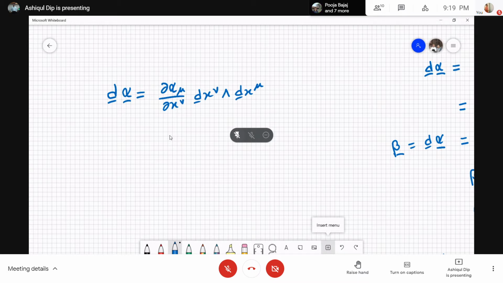And also we know that for a scalar field, df is basically delta f by delta x nu dx nu. So we can collect this part to be what?